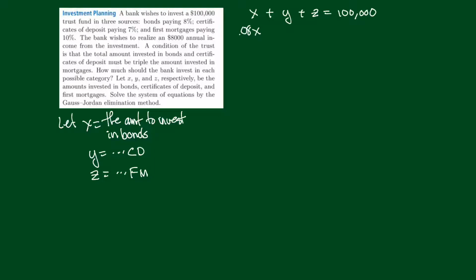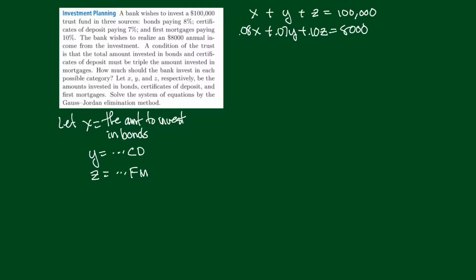So we get 8% of the amount invested, plus, and then what do we get here? 7% times the amount we invest, plus 10% of the amount we invest, which is z. And what is all that? The bank wishes to realize $8,000. Okay, so that has to be $8,000.